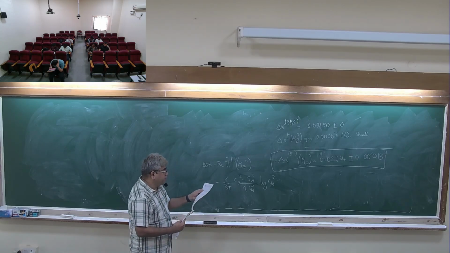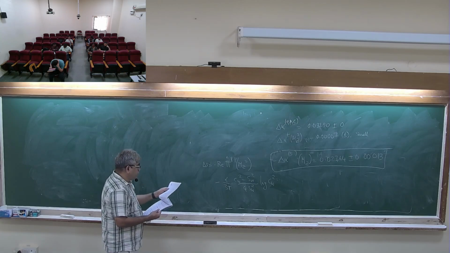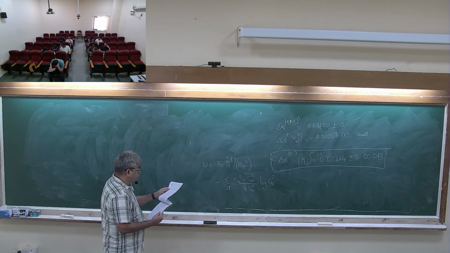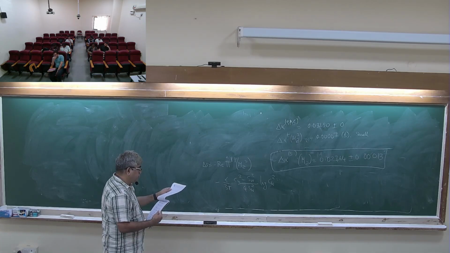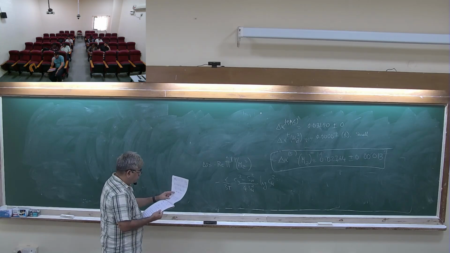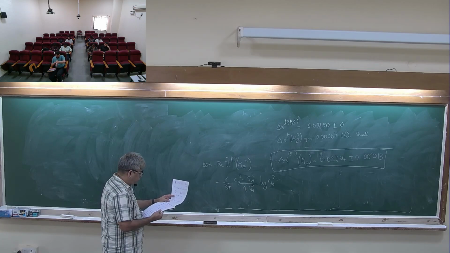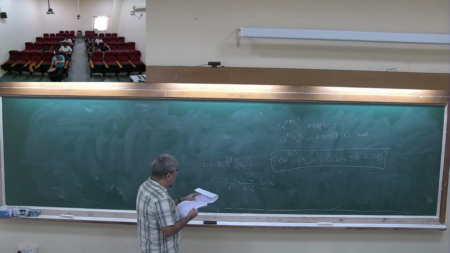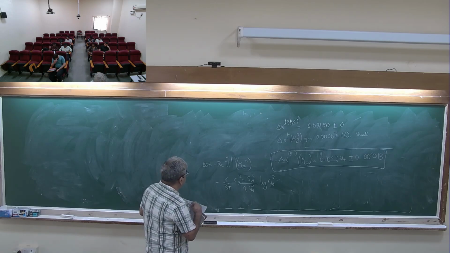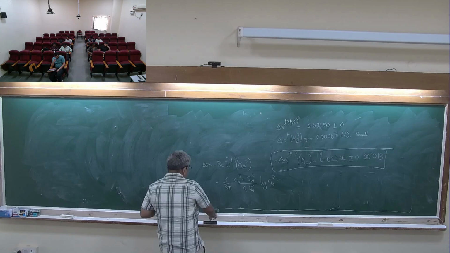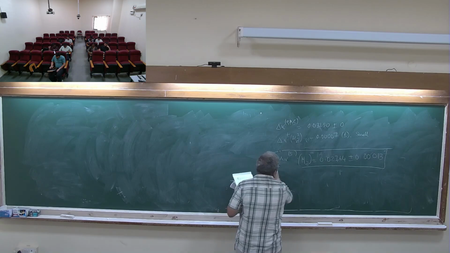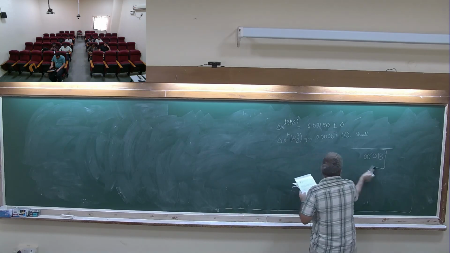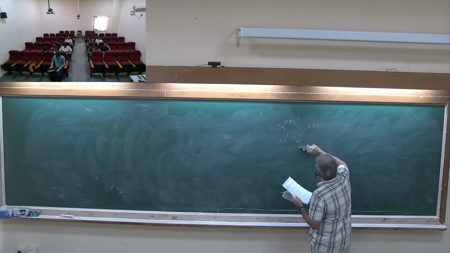So delta R can finally be written, after several intermediate steps, I showed you there are pieces coming from delta rho and everything.